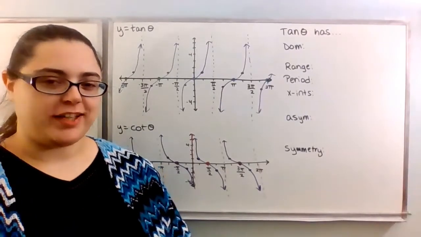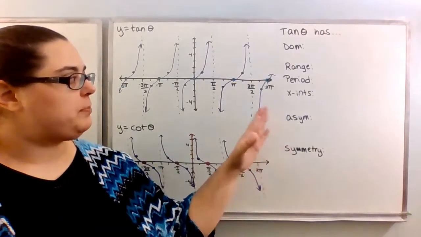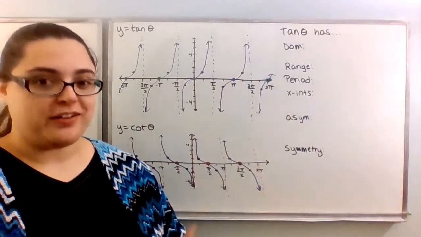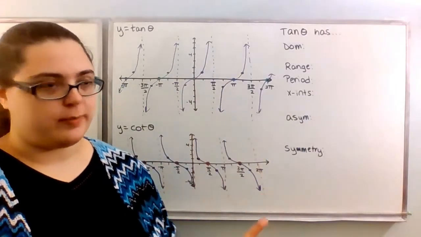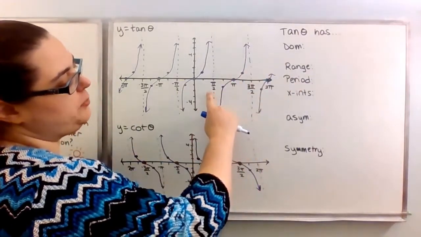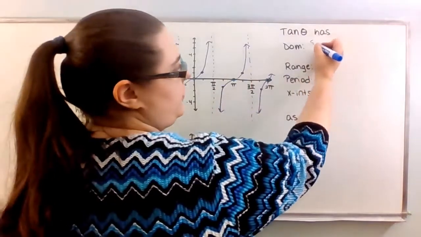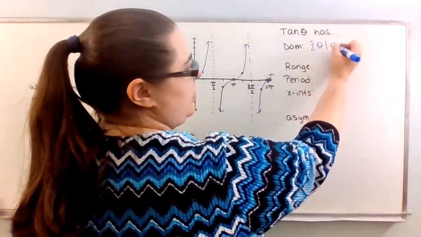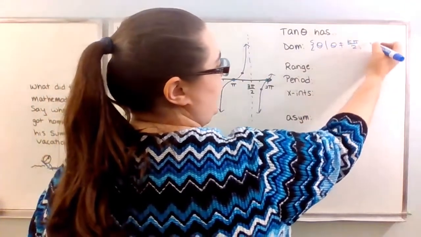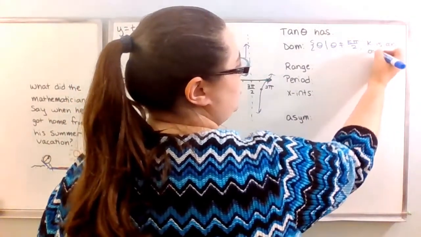Alrighty, so let's begin looking at some of the properties that tangent has. Because tangent has asymptotes, just like with secant and cosecant, we're going to have to account for those asymptotes when we state the domain. So tangent's asymptotes happen at the odd pi over 2. So the domain is going to be all of the thetas, so that theta does not equal k pi over 2, where k is an odd integer.